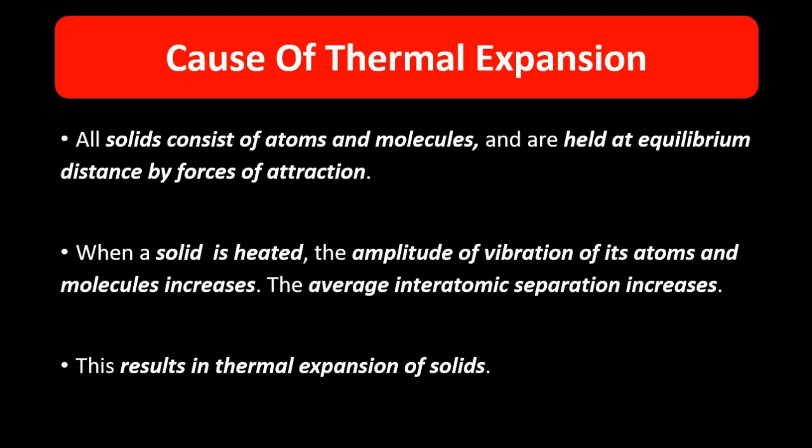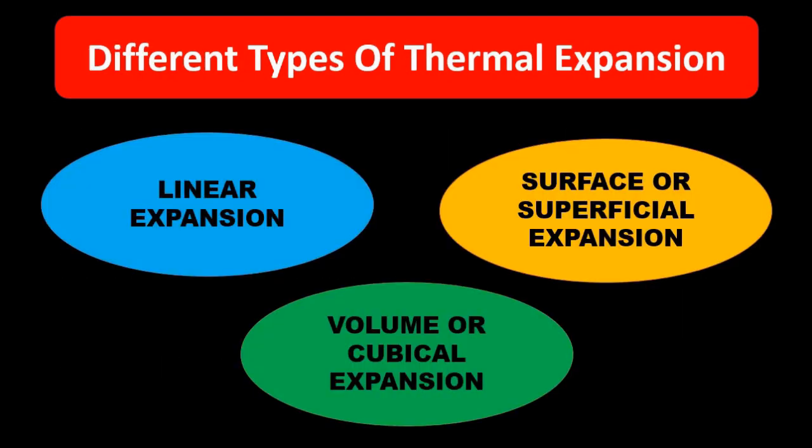Okay, so there are different types of thermal expansion. One is only in terms of length, in one direction, so it is called linear expansion. Another one is in terms of area. Here it is one dimensional, only in one direction.